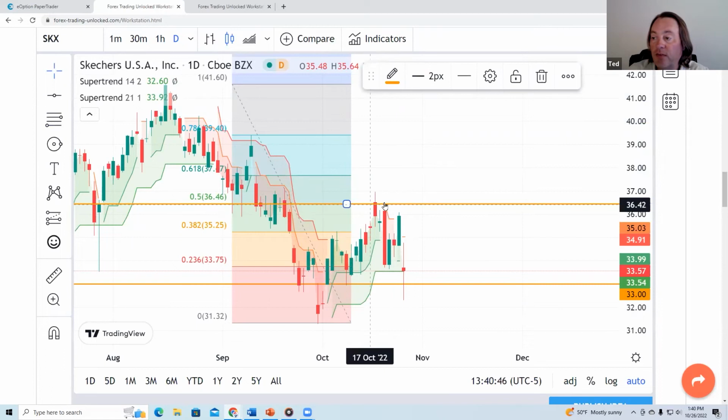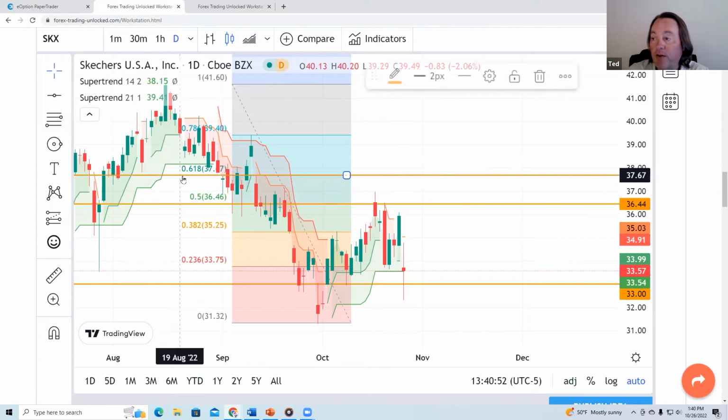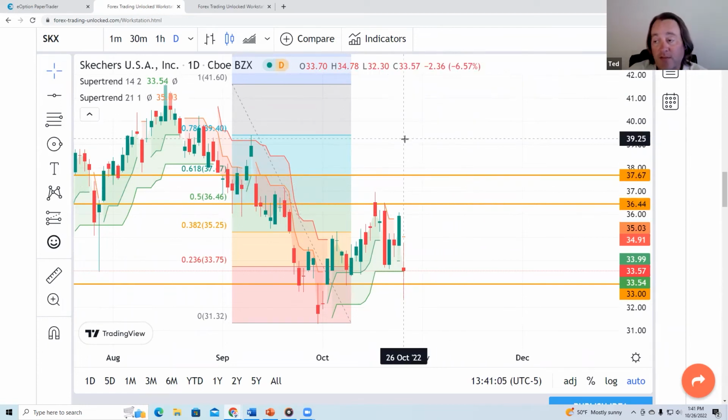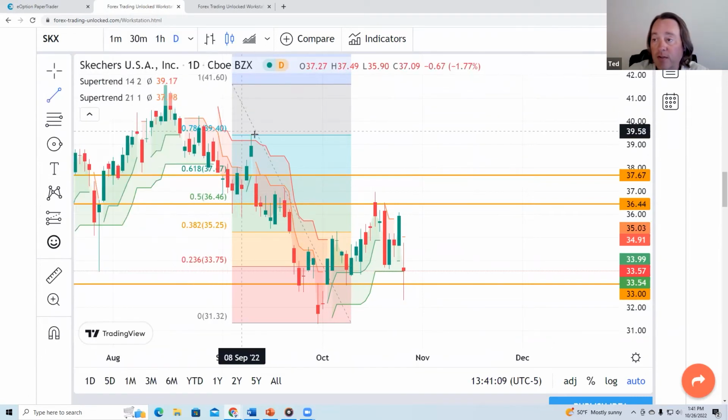See how this 50% level works here? This was a correction up here, that level worked. Just a little bit higher, it didn't make it up to the 0.618. But if we're going to turn around, then obviously if it breaches this area here and makes a higher move high, we have a really good chance of getting up to 37.67. This is if the bullish scenario was to occur.